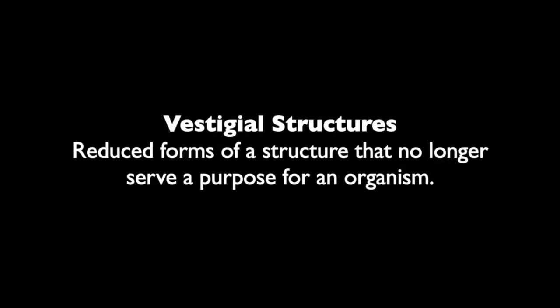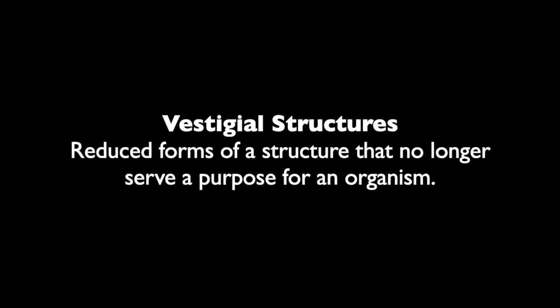Okay, so the next question is about vestigial structures. So vestigial structures are a reduced form of some structure that used to have a use or a purpose for that organism, but no longer does. Okay, so it's a reduced form of a structure.